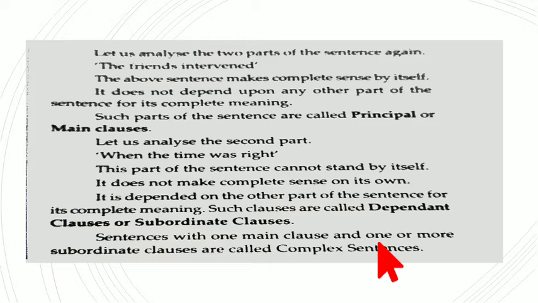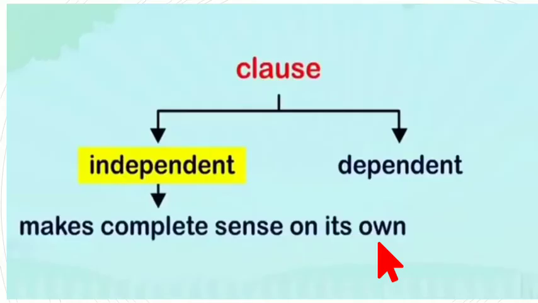And a complex sentence is a sentence with one main clause and with one or more subordinate clauses. So let's move ahead with the types of dependent clause in a complex sentence.